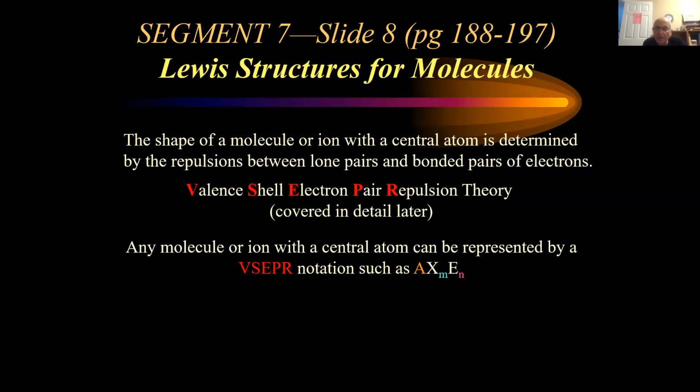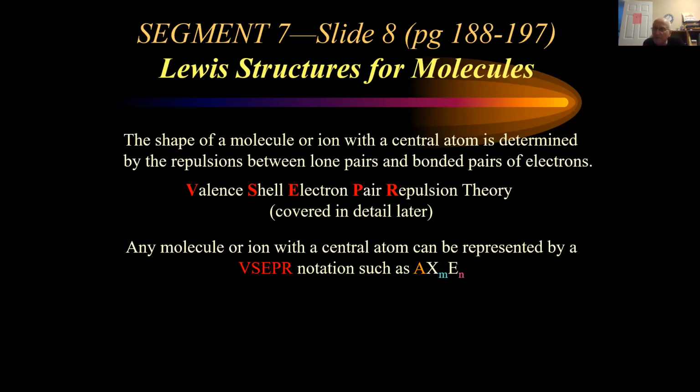So right off the bat, when we're looking at the VSEPR notation for a whole molecule, you have to have a central atom. The central atom is just the one atom in the whole molecule that every other atom is attached to. If you've got a long strung-out molecule where there's not one atom that has all the others attached directly to it, this method doesn't work. It only works for central atom molecules.